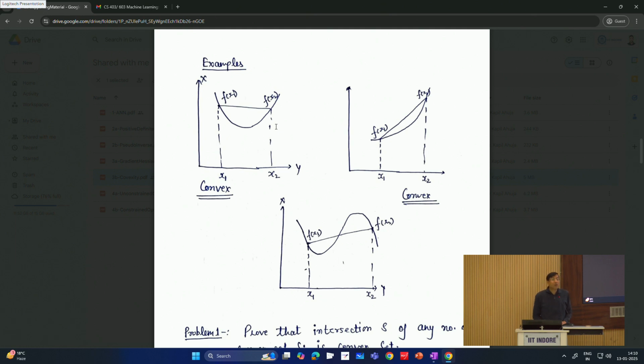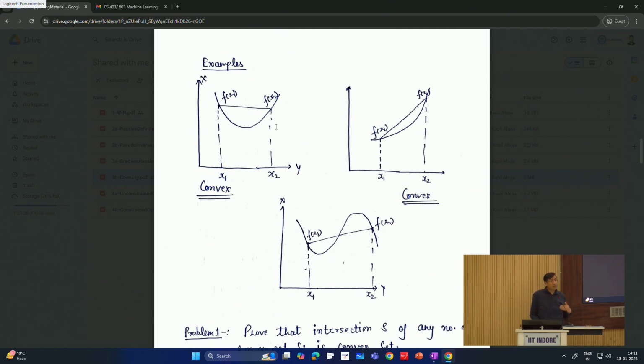Everybody fine? Now, like I said, for positive definiteness, a symmetric matrix is positive definite if for every non-zero x, x transpose Ax is greater than 0. So that's a difficult definition to work with. The characterization for that is all leading principal minors are positive, all eigenvalues are positive.